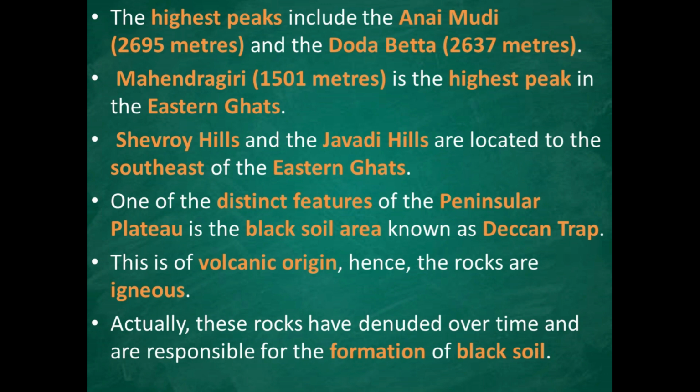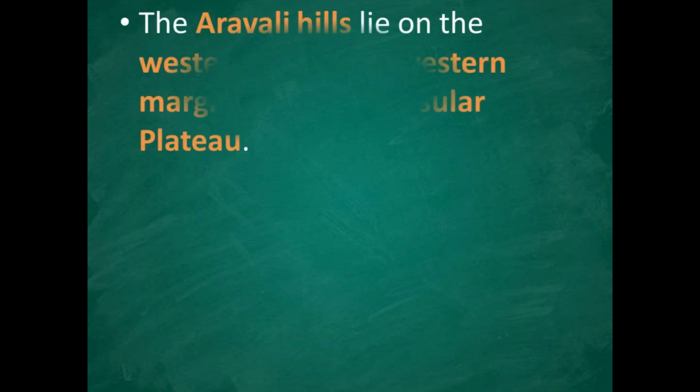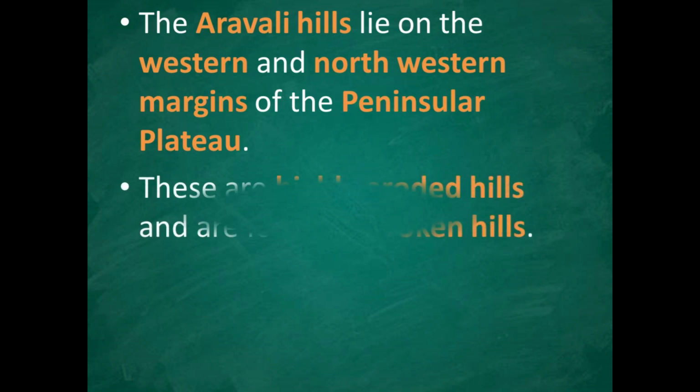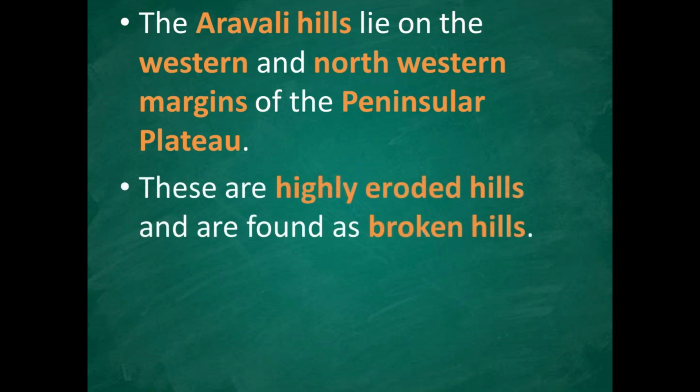These rocks are denuded over time and are responsible for the formation of black soil. The Aravalli Hills lie on the western and northwestern margins of the Peninsular Plateau. These are highly eroded and are found as broken hills.